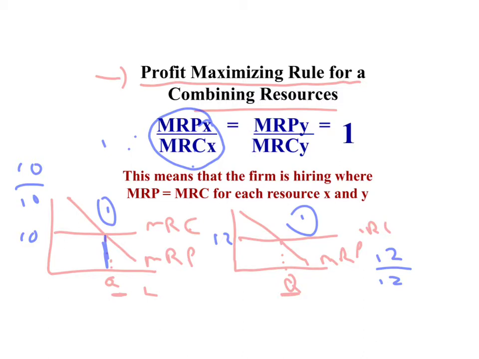And if you are profit maximizing, you are purchasing each resource at the quantity where MRC equals MRP for each and every resource, even if you have 50 of them, you are also, by default, least cost, okay? Profit maximizing implies least cost. However, you can be least cost and not profit maximizing, okay?